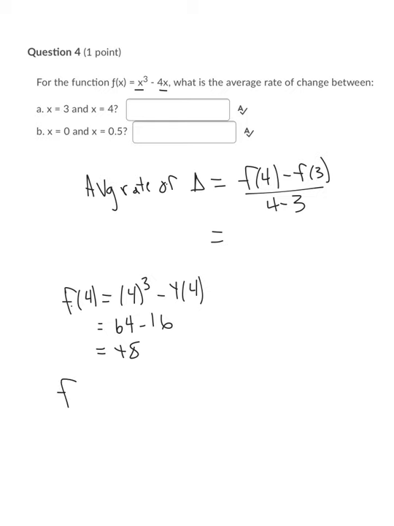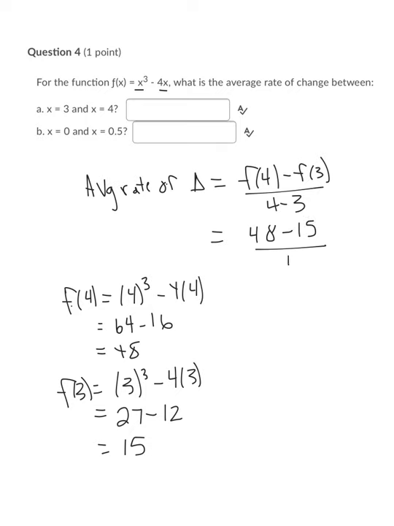And then just off to the side again, f of 3, 3 cubed minus 4 times 3, 27 minus 12, 15. So I'm going to be getting 48 subtract 15 divided by 1. So 33 divided by 1, so 33.